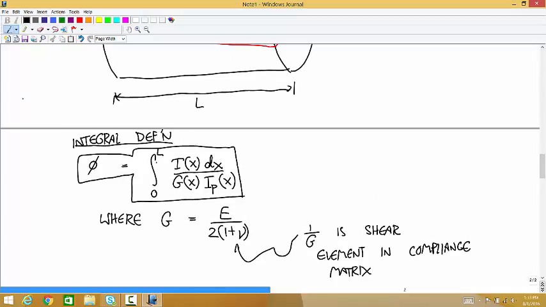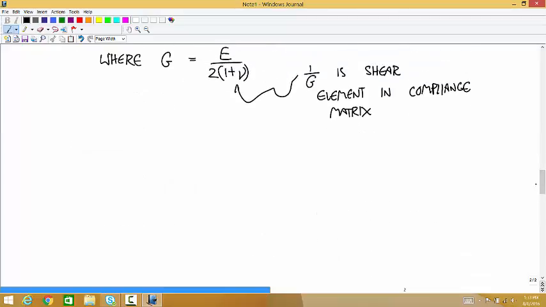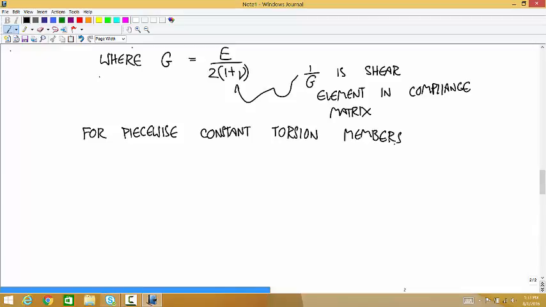We're not going to use this integral form. We're going to use finite forms, just a finite formula. So if you have piecewise constant torsion members, you have either the angle of twist is equal to internal torque times the length over G IP.